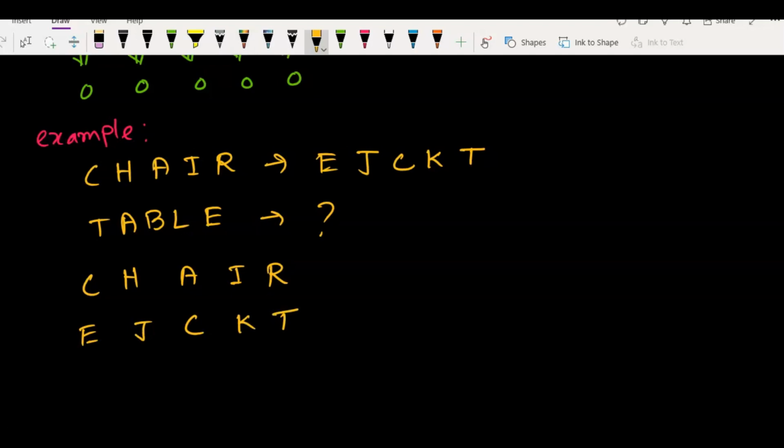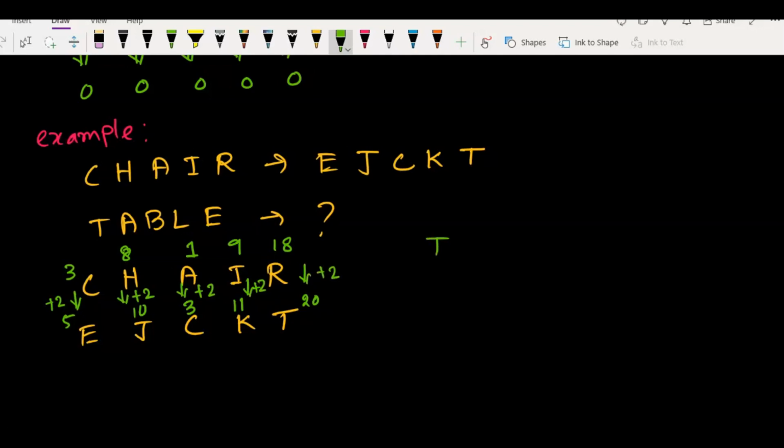So C is 3, H is 8, A is 1, I is 9, and R is 18. And E is 5, J is 10, C is 3, K is 11, and T is 20. So we see it goes plus 2. Then also from 8 to 10 plus 2, 1 to 3 this is plus 2, 9 to 11 it is also plus 2, and 18 to 20 this is also plus 2.